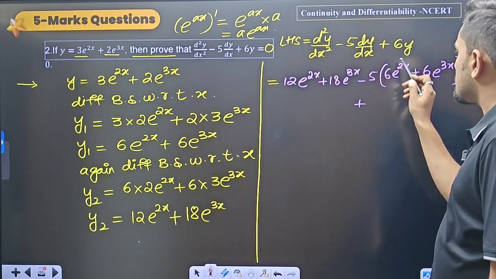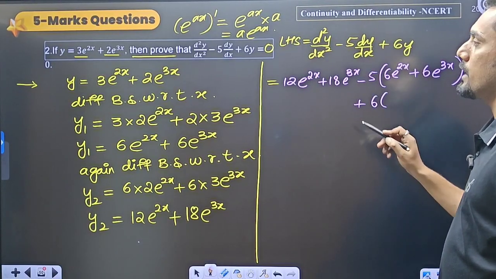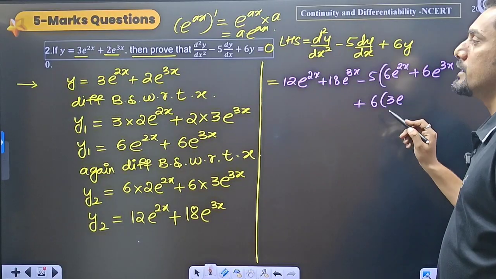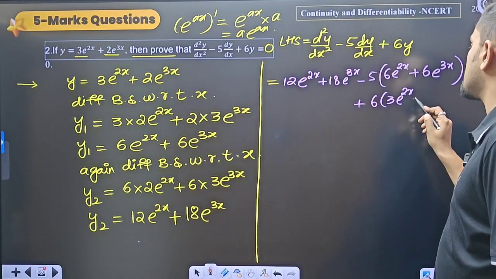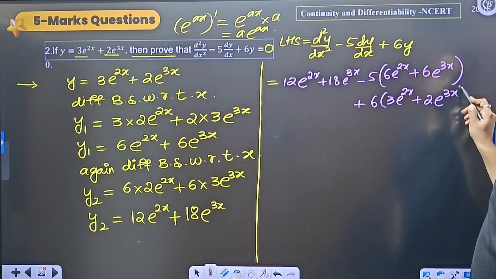Then the third term, that is 6 times of y, 6 multiplied by y, which is 3 e raised to the power 2x plus 2 e raised to the power 3x.